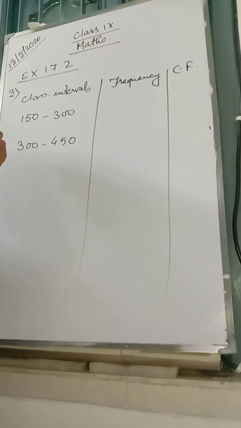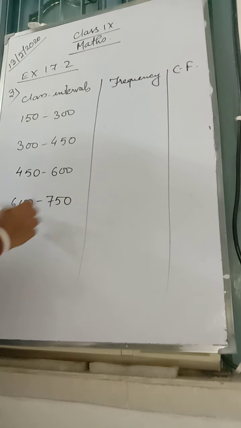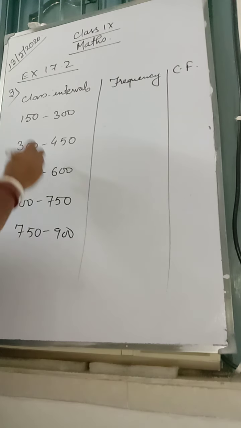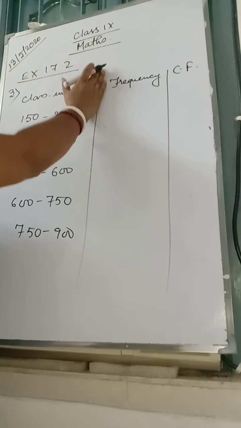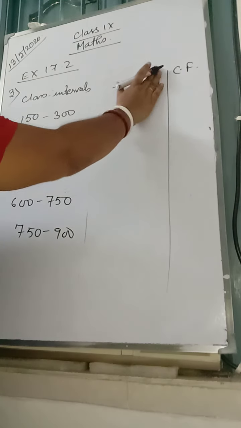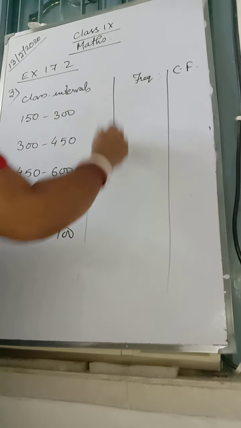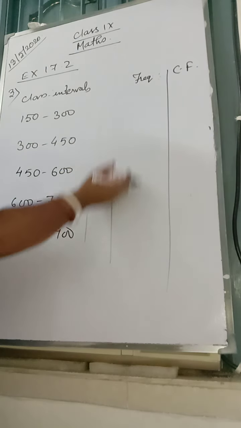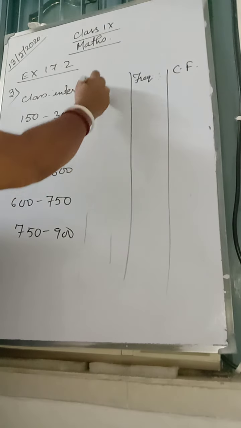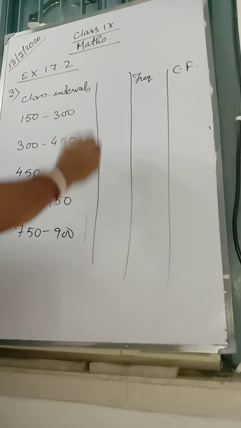The maximum is what? 890. So up to 900 we have to go. 450 to 600 and 600 to 750, 750 to 900. Maybe one more column we can make for tally. This is a frequency. Because we have to convert it to tally.